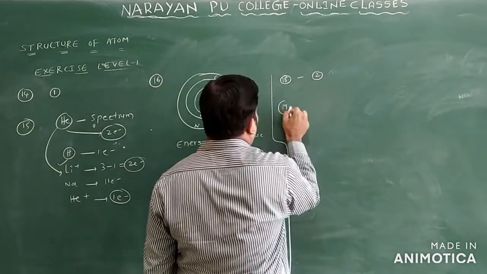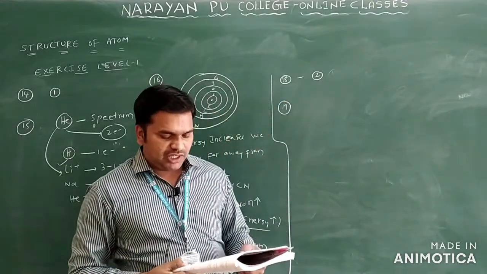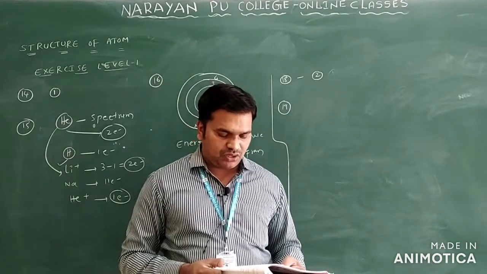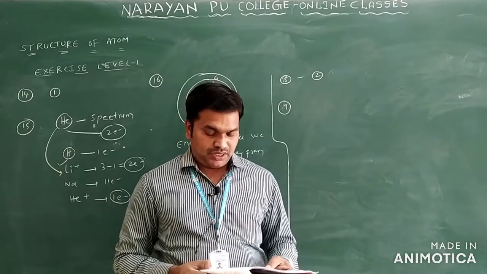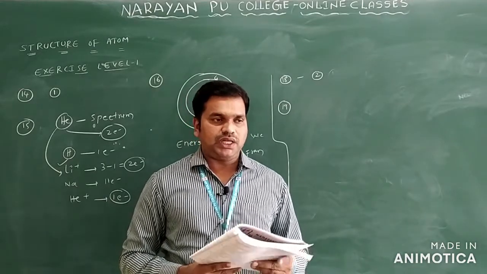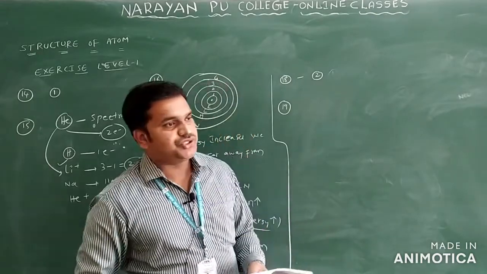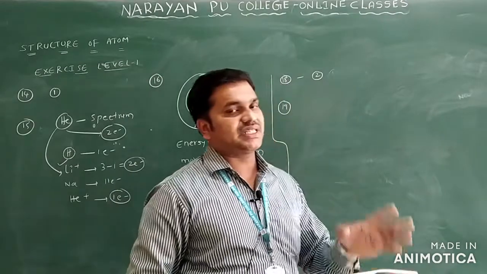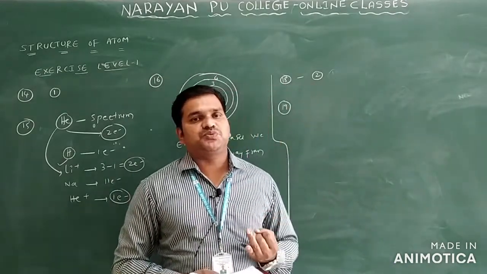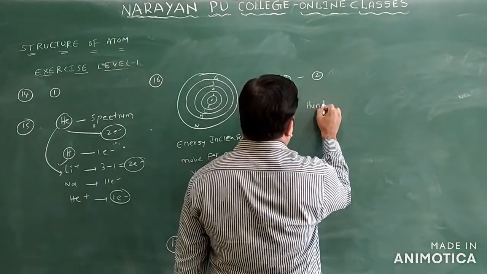Question number 19 we can see. Electrons occupy the available orbitals singly before the pairing in any one orbital occurs. It means pairing of electrons takes place. One electron is filled, next the electron can be paired. Generally it is according to which rule? Here Hund's rule. We discussed 3 rules: the Aufbau principle, Pauli's exclusion principle, and one more, Hund's rule only. So what does this Hund's rule tell?